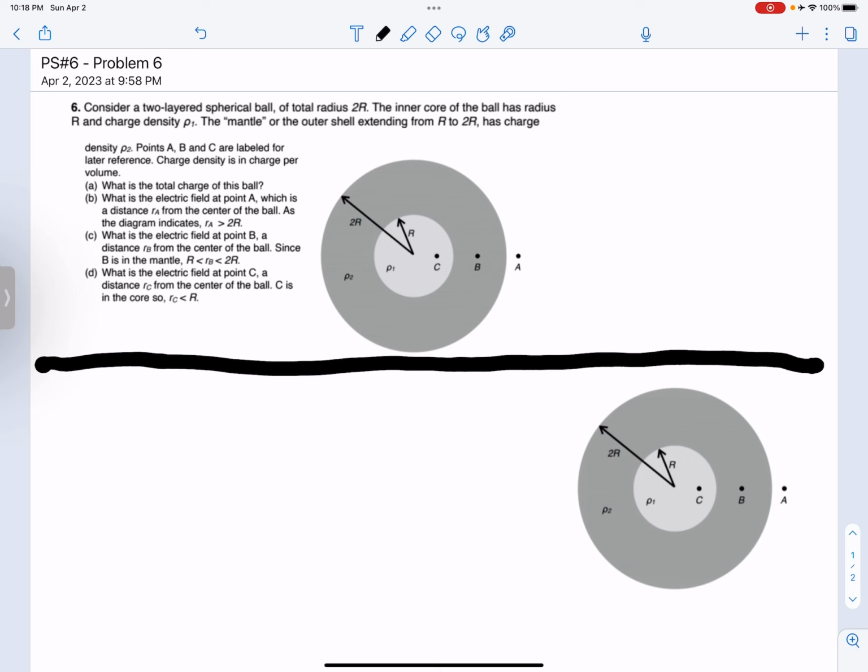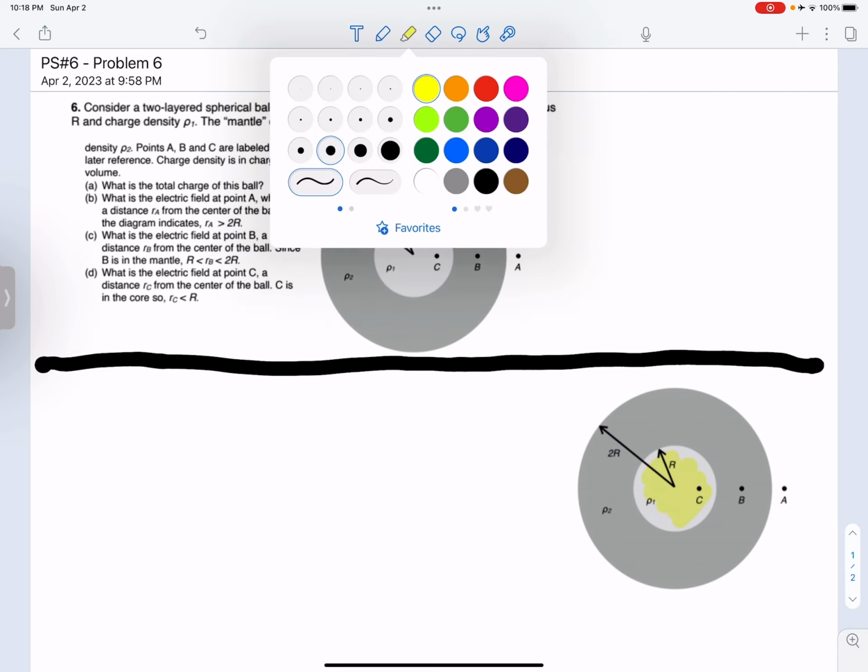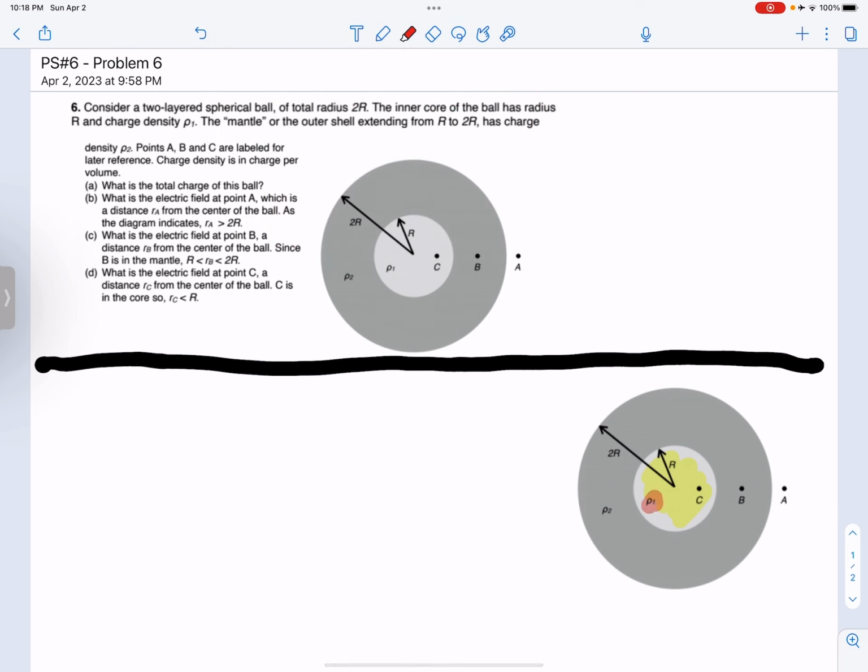Part A, what is the total charge of this ball? Okay, so we have a two-layered spherical ball, right? And you can see that the first layer is this inner shell here with charge density rho 1 and radius r.